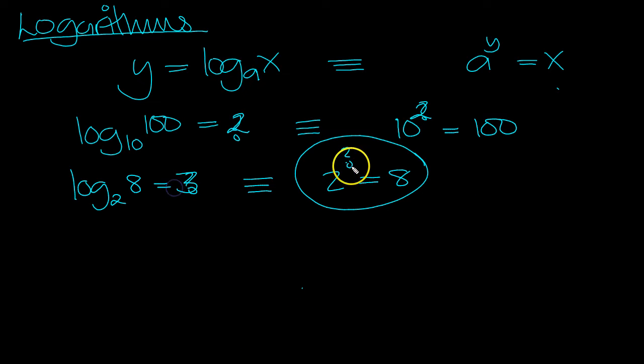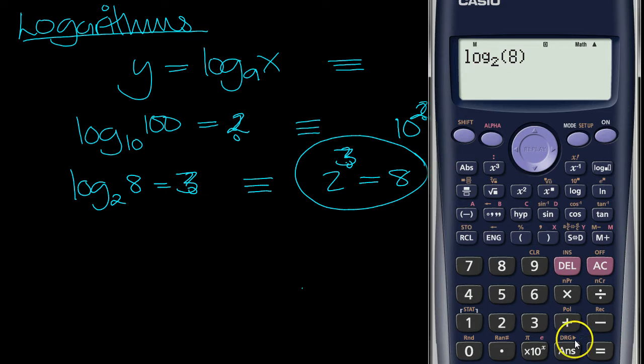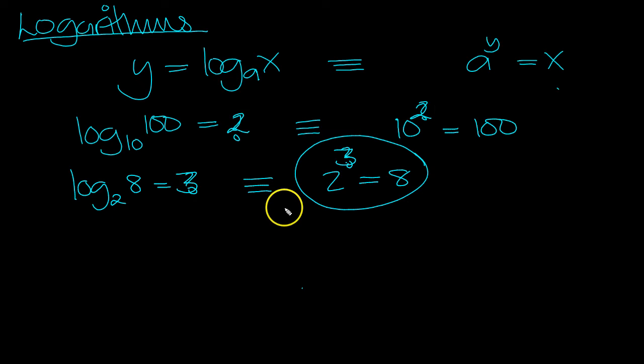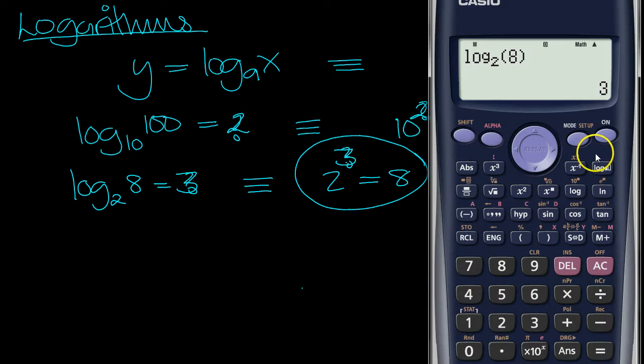So that would be 3. So let's just check that on the calculator then. Equals 3. So that's what logarithms are. And you can go from logs to indices and indices to logs and find values of logs as well. So as we pointed out here, you can use this logarithm to get logs to any base.